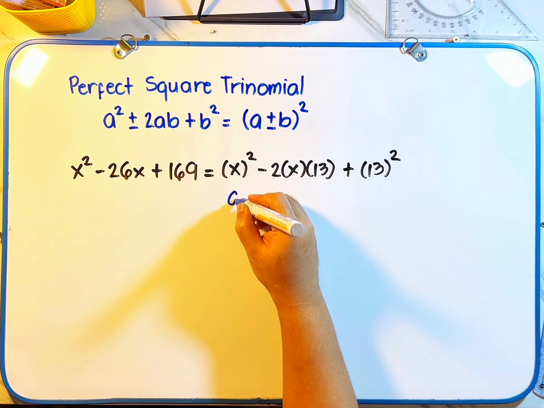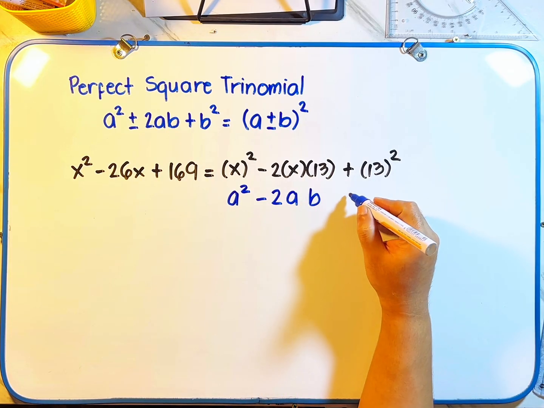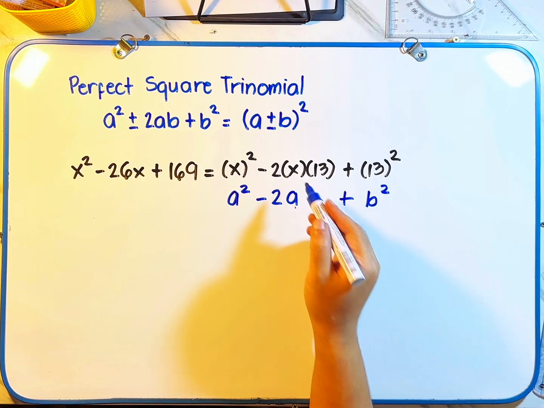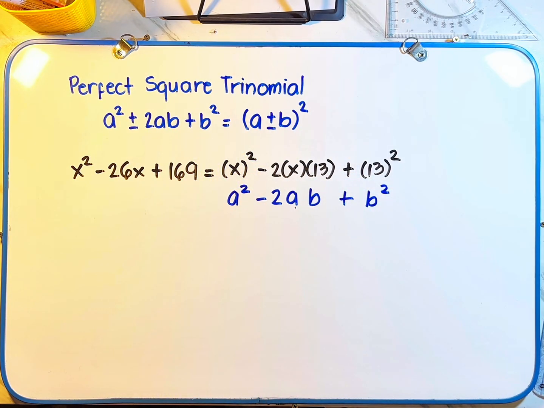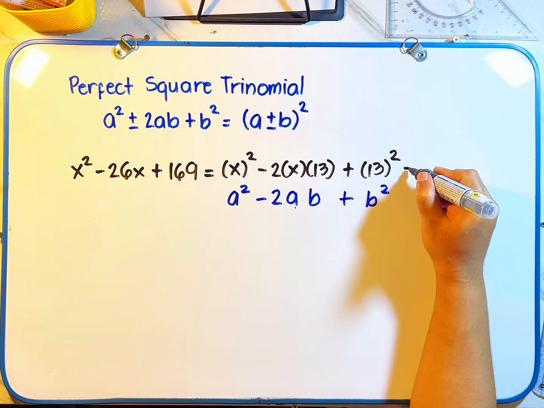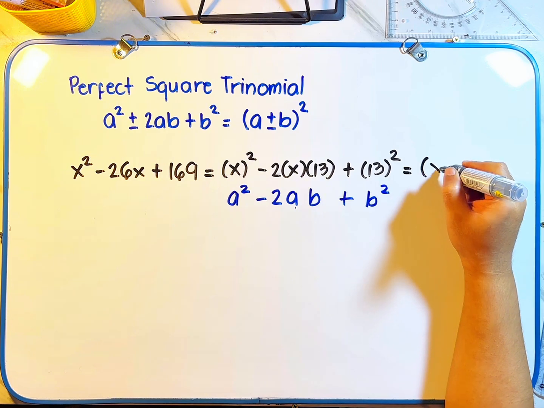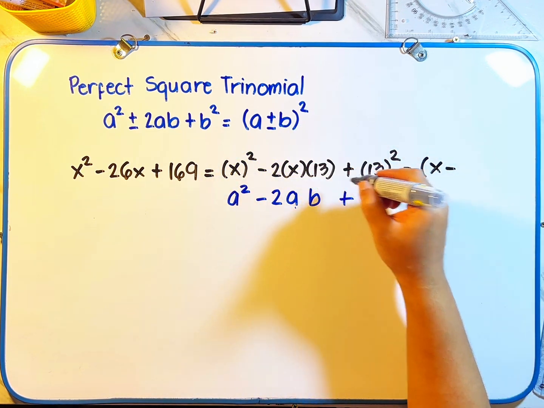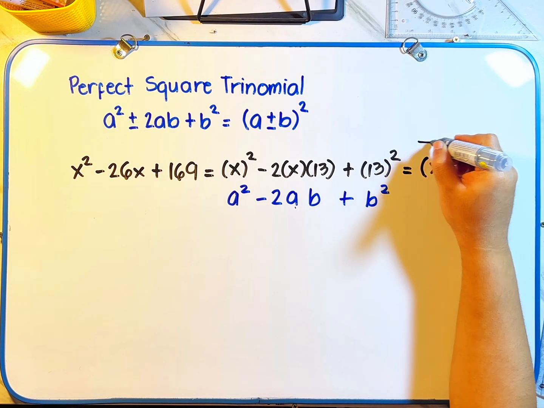This is in the form of a squared minus 2ab plus b squared. a is x, while b is 13. So we can find the factored form. The factored form is equal to a, so our a is x, and then minus b, our b is 13, and then squared.